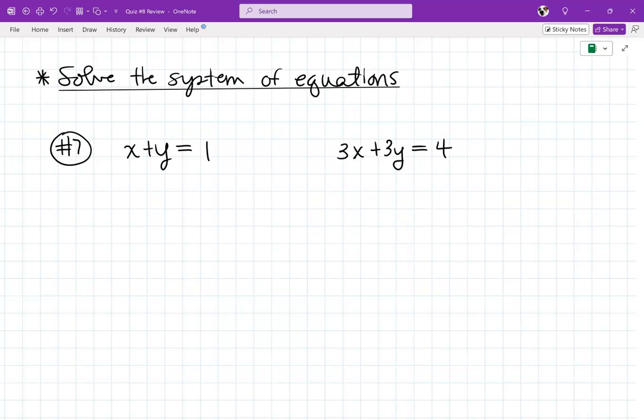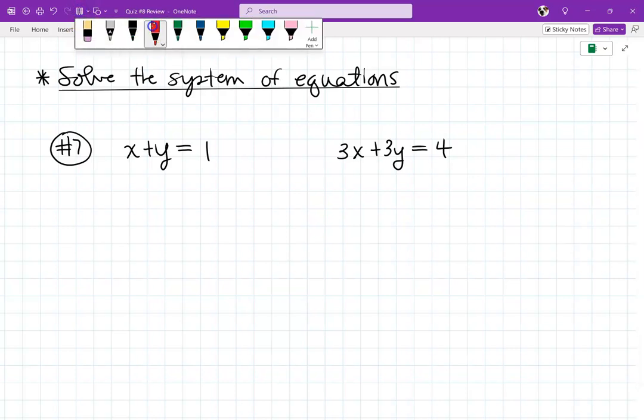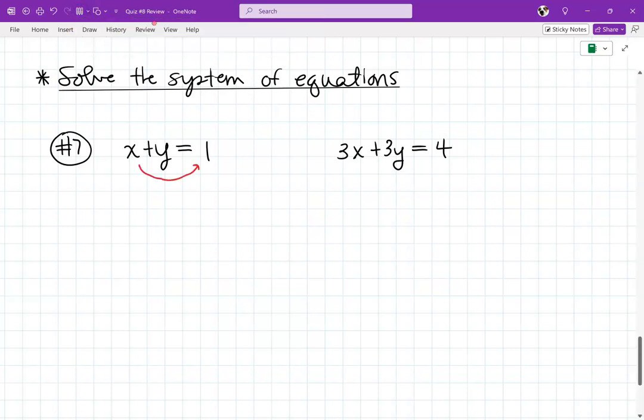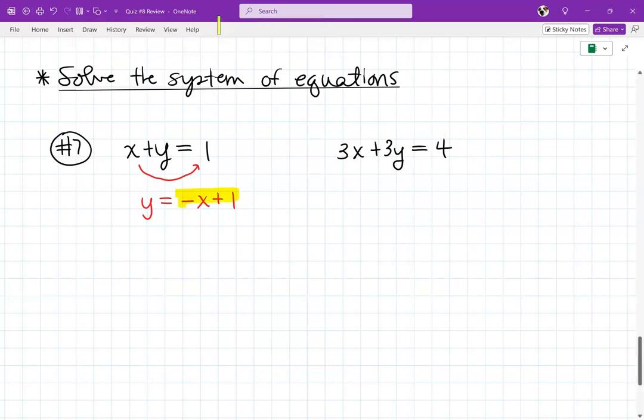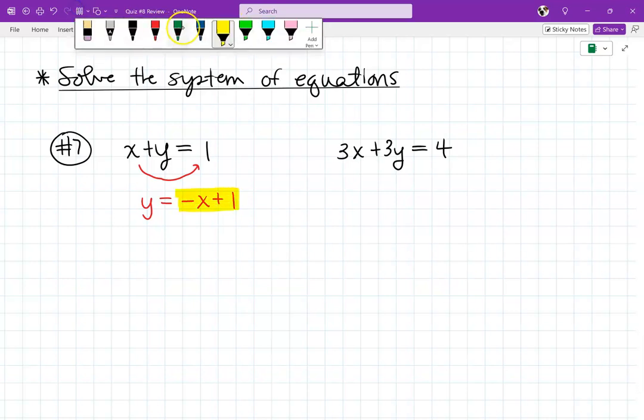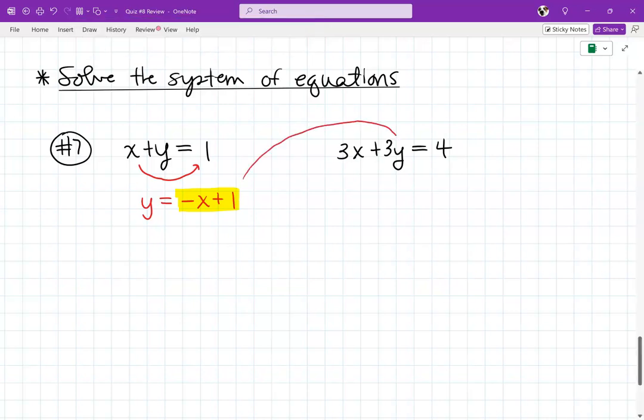So I'm going to move the x over here. So I get y equal to -x plus 1. So this is step 2, figuring out what I'm solving for and solving it. And I'm going to get this value, and I'm going to plug that in over here.